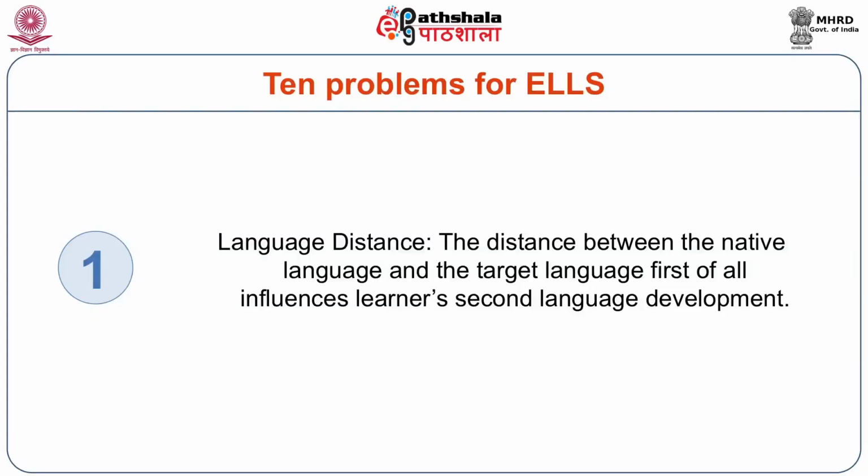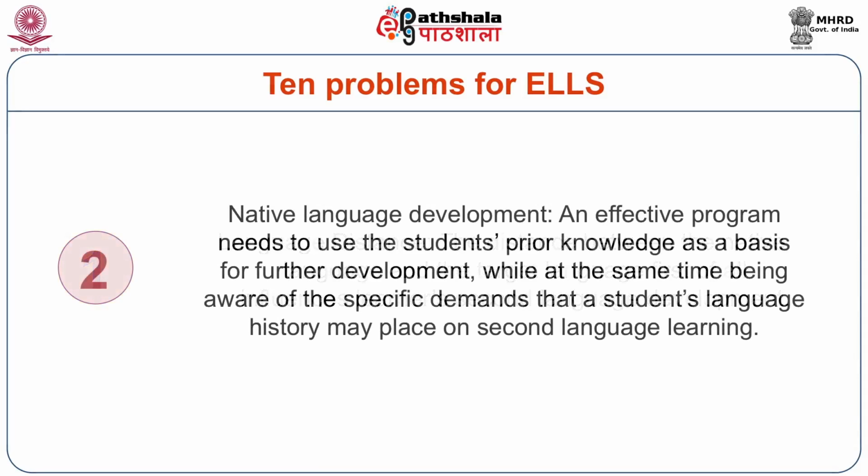The first problem is the language distance. The distance between the native language and the target language, first of all, influences learners' second language development. Then native language development. He is learning his native language at that particular time.